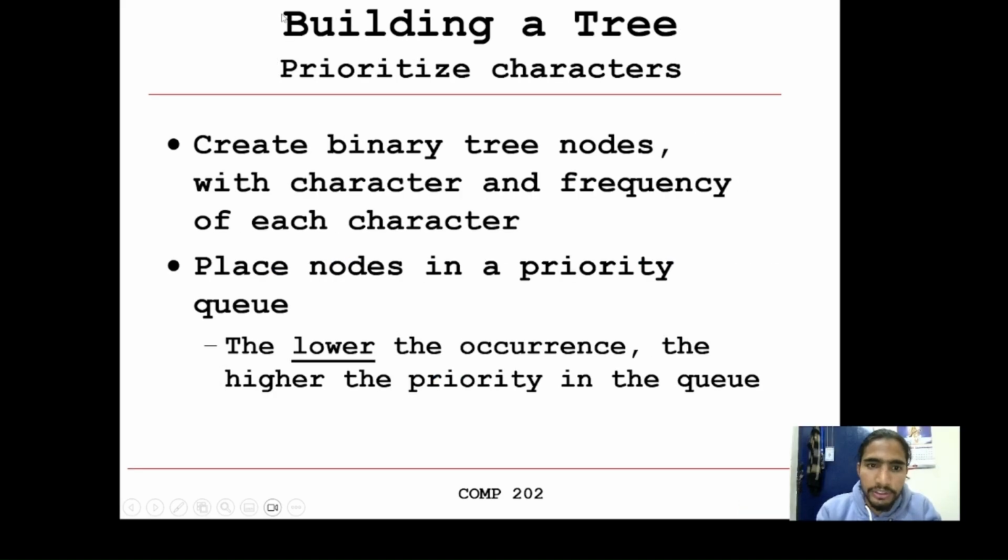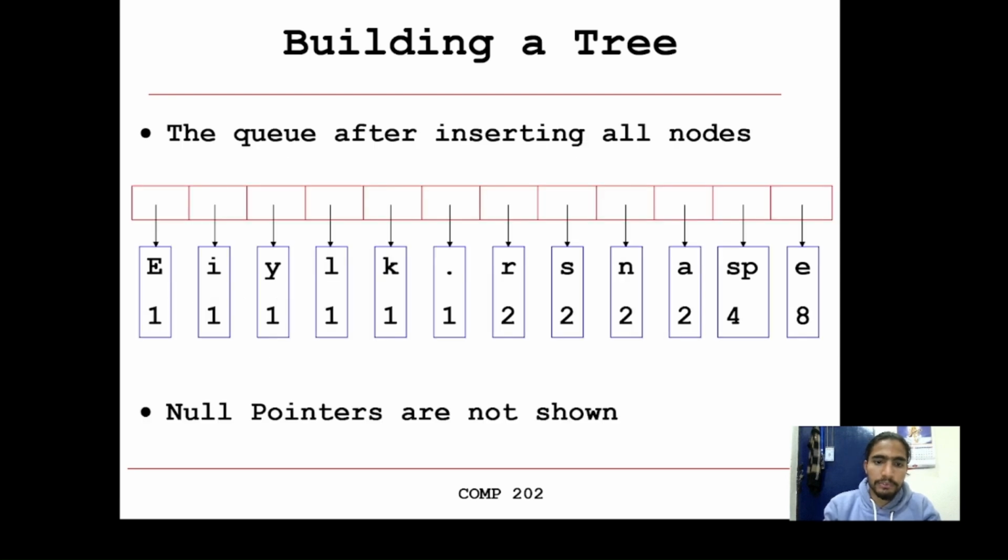Now we have to build a tree. To build a tree, at first we create a min-heap or priority queue. Here each node represents a character and its frequency, and the node with the smallest frequency has the highest priority in the priority queue. Here is our priority queue with our characters and frequencies.